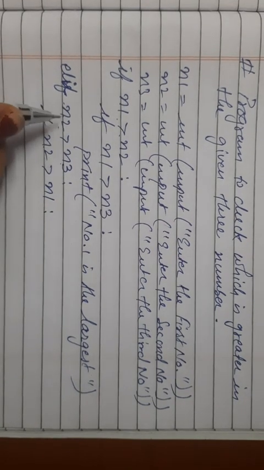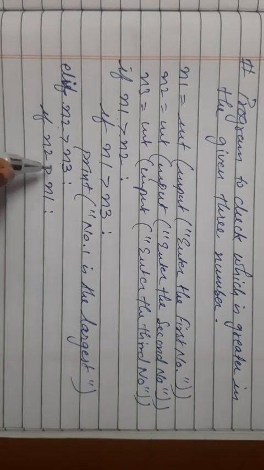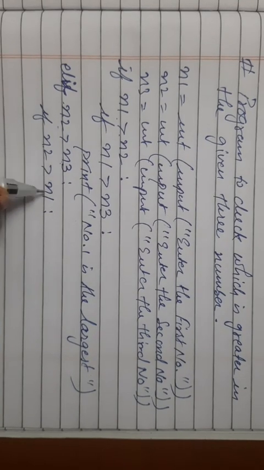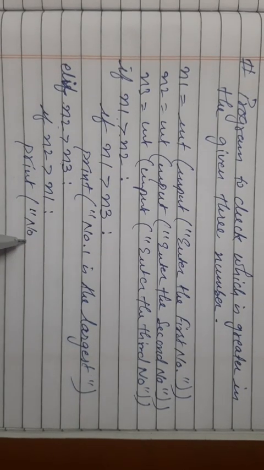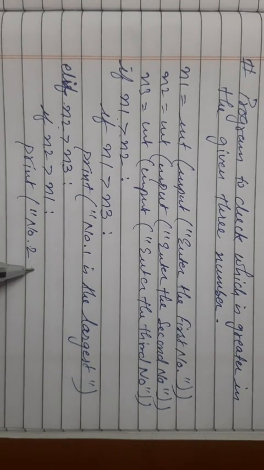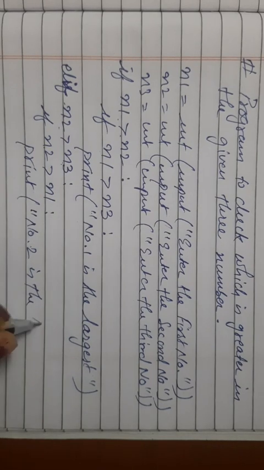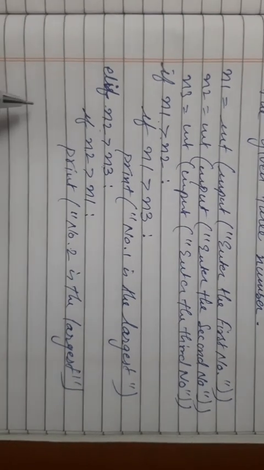If this second number is greater than these two numbers, that means number 2 will be the greatest one, or you can say the largest one. So our message will be like this. This is the message which is going to be printed.